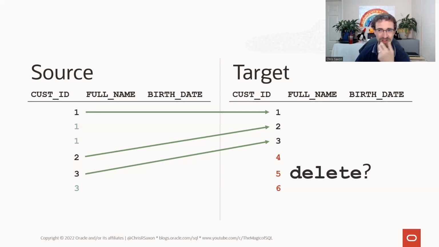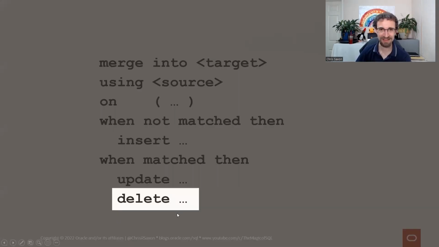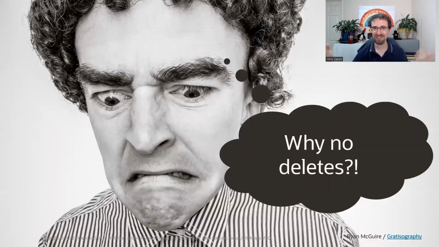So some people think, oh, okay, this is pretty neat. Let's just slap that delete in there, and so we can remove those rows. So essentially use this as a way to synchronize the tables so they contain the same information. And unfortunately, first time people do this, they'll run the merge and find it doesn't delete anything. It's like, what? Why doesn't it delete stuff, right? I told you to, right?